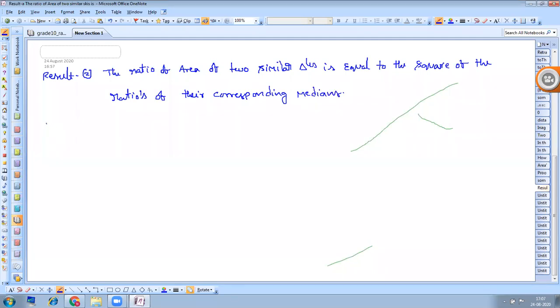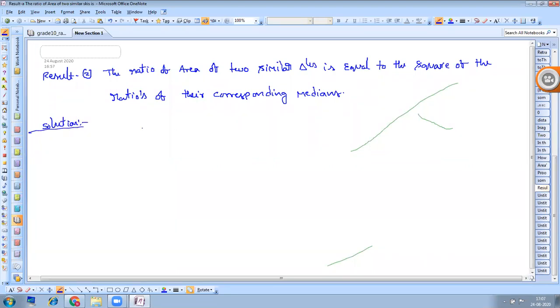Try this question. The given data is: triangle ABC is similar to triangle PQR. You have to prove the ratios. This is triangle ABC, and this is triangle PQR.